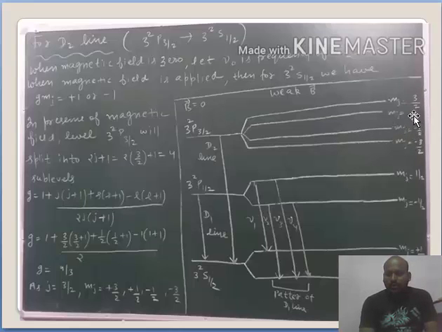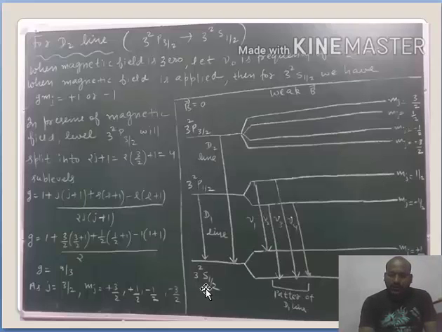So here, under the magnetic field, only two levels are splitting, the 3p 3/2 and 3p 1/2 levels.